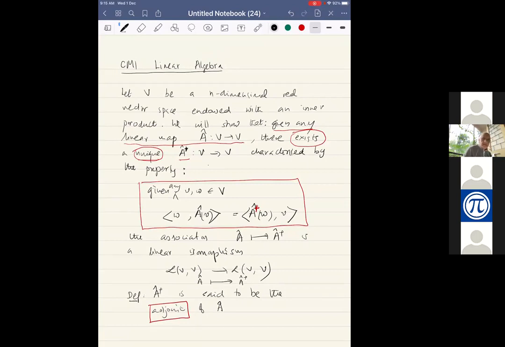Now L(V,V), we've said several times, is a vector space. And my point here is that this is a linear map from L(V,V) to itself, and it's an isomorphism. Okay, got it.